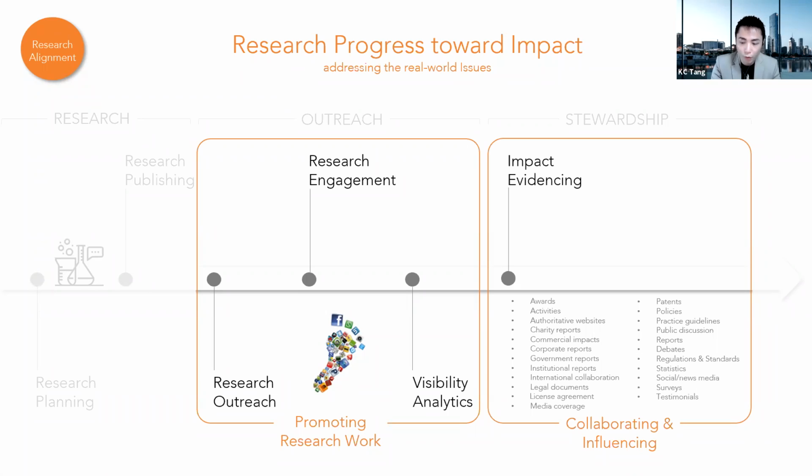Someone could borrow your research, and they wouldn't give you a citation, but they could cite it in their news article to give you a reputation or branding and so on. So all these impacts would not be available unless you do the promotion to get people aware of your work, right?